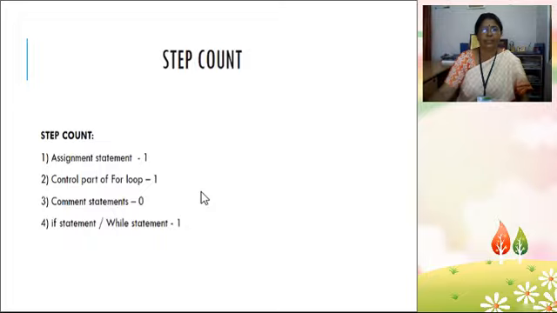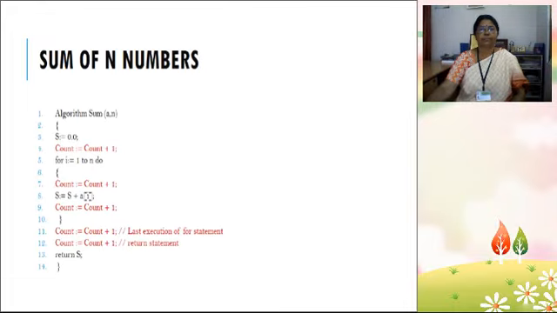If statement, 1. Comment statements don't contribute to the execution, so we assign a step count of 0. Likewise, we assign a step count to each executable statement. The total time complexity is computed as the sum of the step counts for every instruction in the algorithm. You will understand if we discuss with an example.